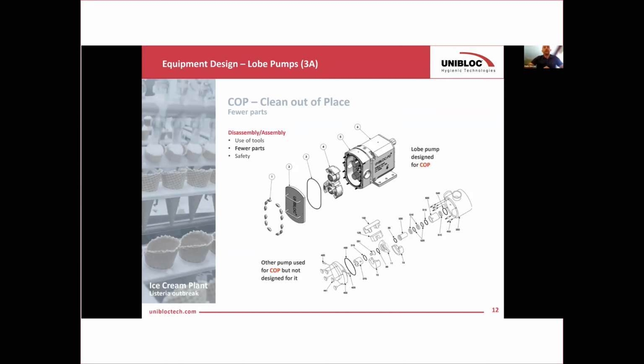And here we have an experience with an ice cream plant that reached out to Unibloc, and the engineer explained his situation: the plant had a two-year shutdown because of a listeria outbreak, and they were now going to start over fresh.